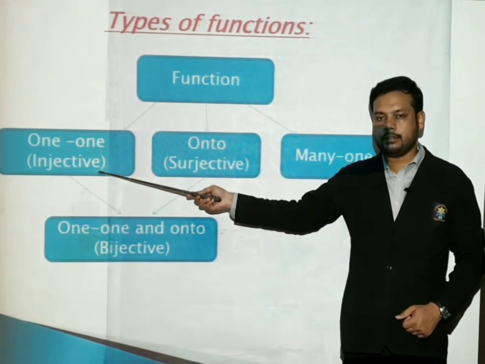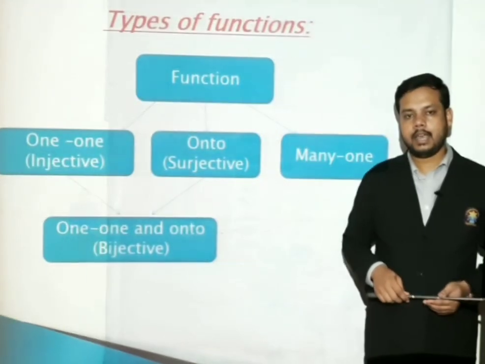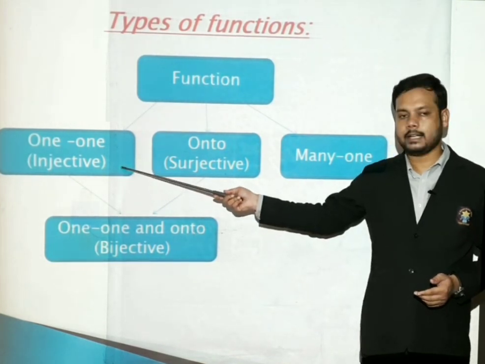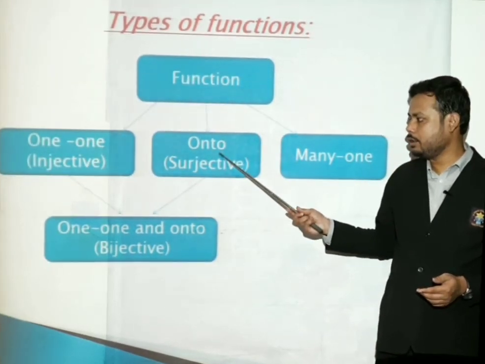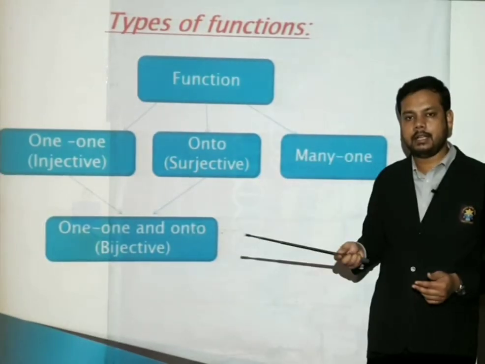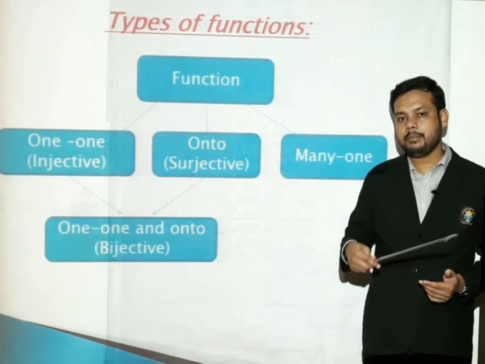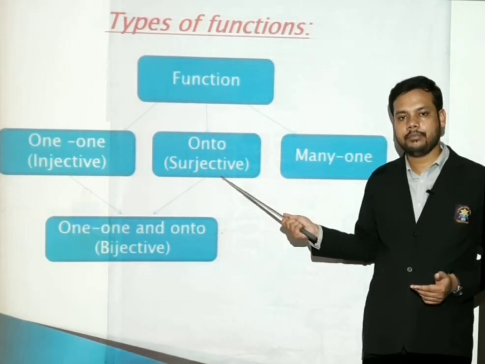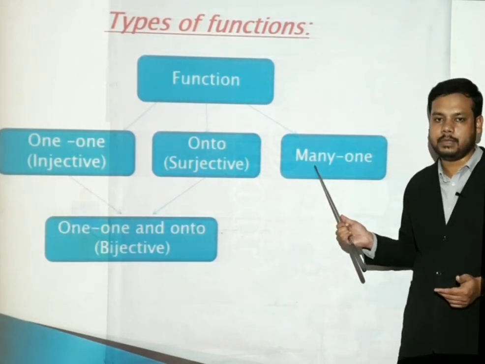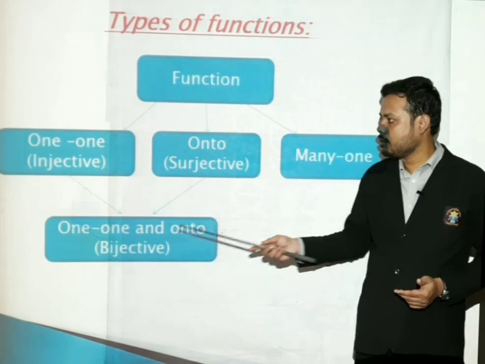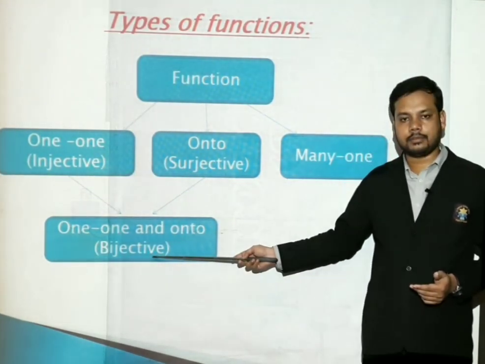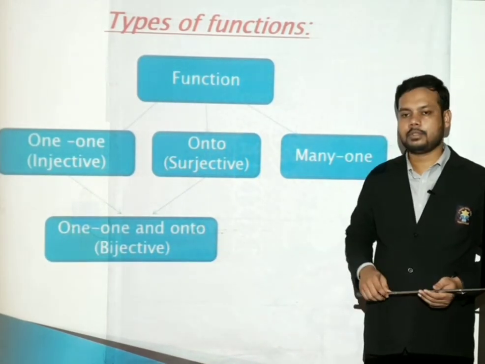One-one is called injective, when every element in set A has its own image in set B. Onto, or surjective, functions are those where every element in set B has a pre-image in set A. Many-one means more than one element in set A has the same image in set B. When a function is both one-one and onto, it is also called bijective. So these are the types of function.